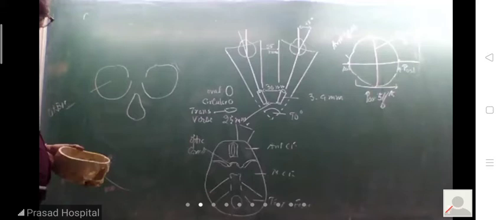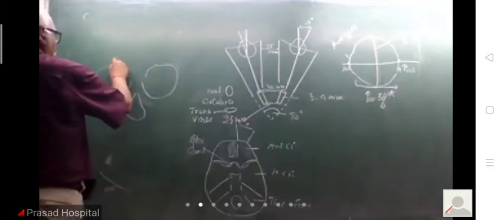So this is the base, which has a supraorbital margin, a lateral margin, a lower margin, and a medial margin. The superior boundary is formed by the frontal bone.